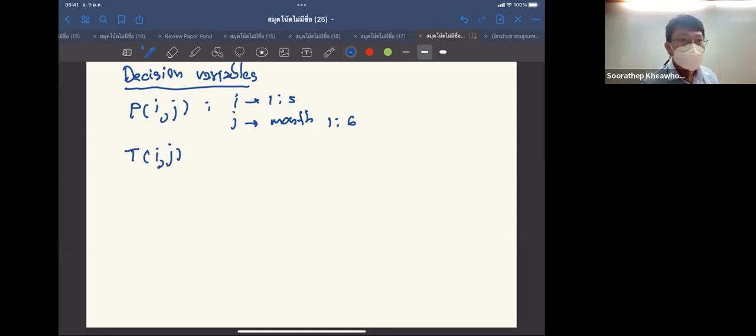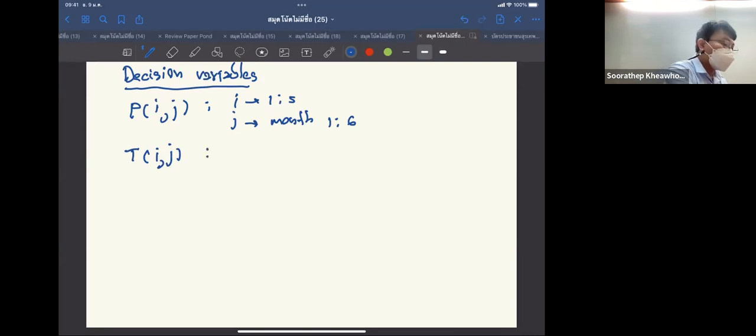T_IJ. T is in the tank. Okay. We have a tank for each type of oil. And we have 6 months. Okay. This is the amount of oil in the tank at the beginning of each month.